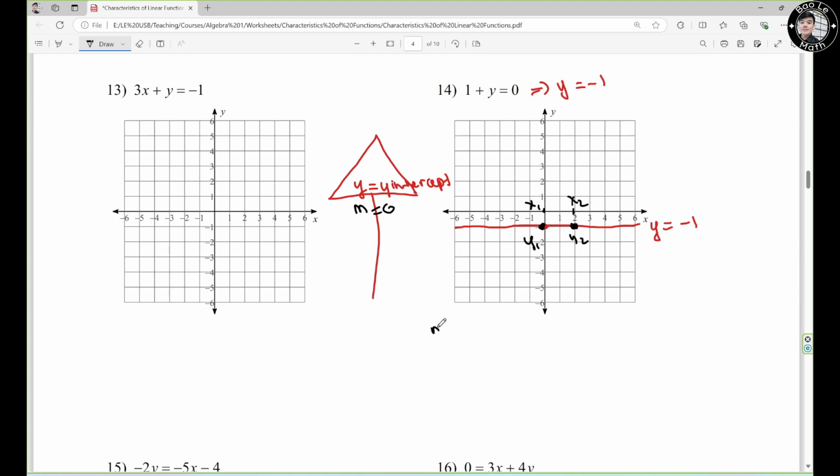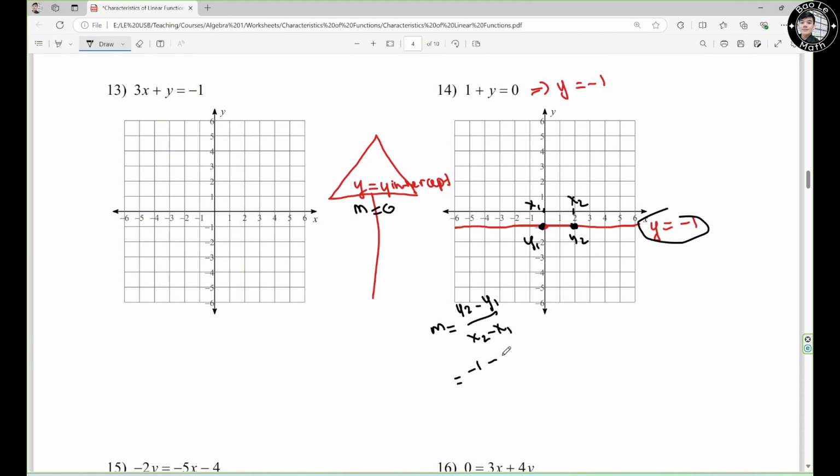Now I use the slope formula. m equal to y2 minus y1 over x2 minus x1, right? So I substitute this guy into this formula. So y2 equal to -1, right? Because it stays on the same line right here. Right, so it's going to be -1 minus y1.